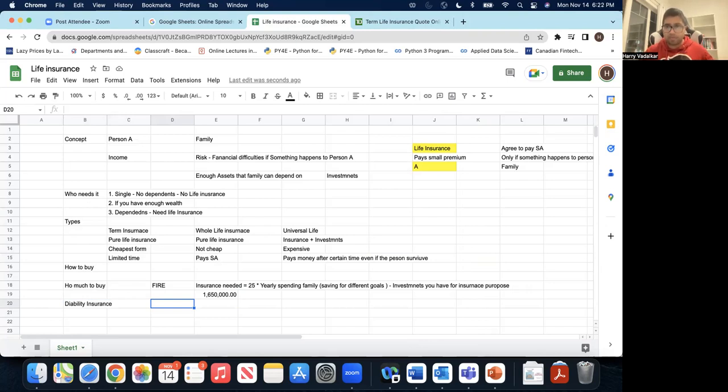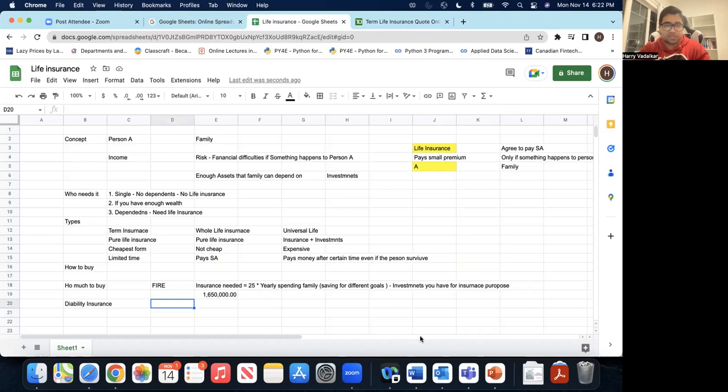It is much more probable that a person has some kind of disability which restricts them from work. People generally get life insurance because people talk about it a lot, but very few people get disability insurance. But it is equally important.